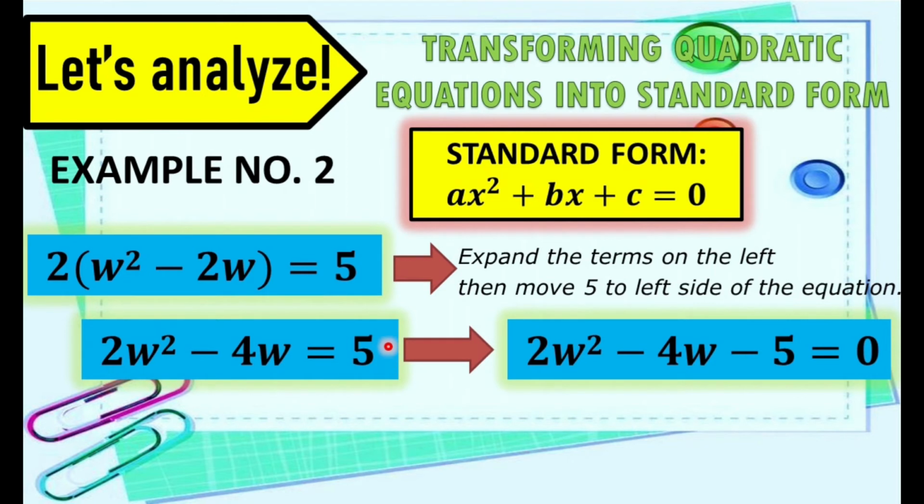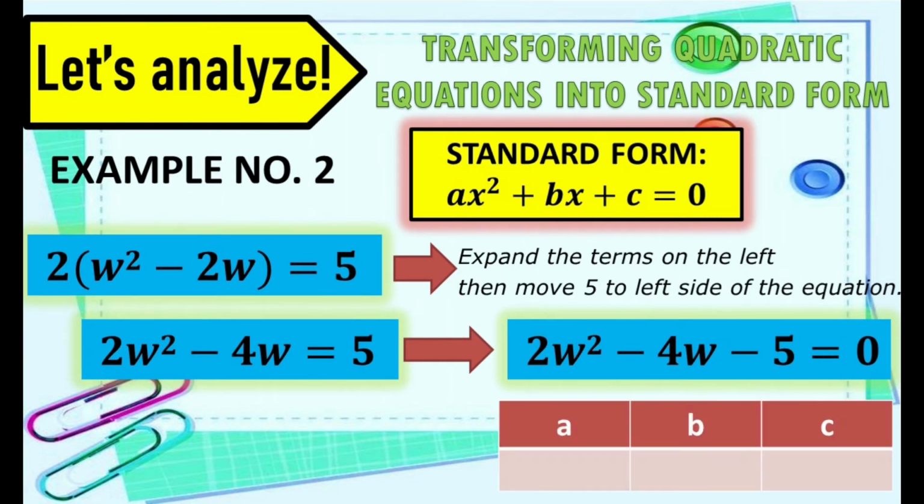We are going to add negative 5 to 5 and then to the other side as well in order for us to cancel this 5, therefore giving us 2w squared minus 4w minus 5 is equal to 0. Now, let us try to determine the coefficients. Our A is 2, our B is negative 4, and our C is negative 5.